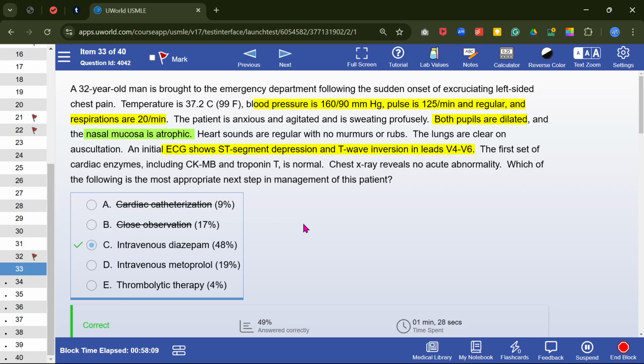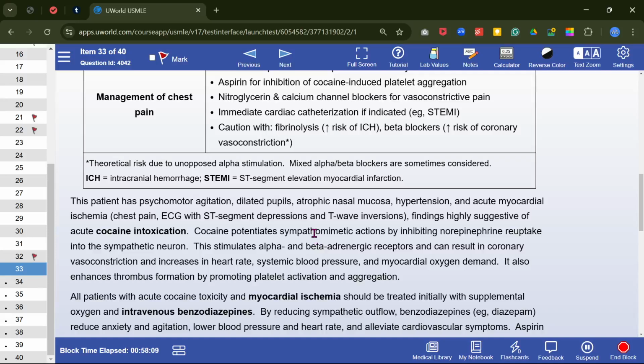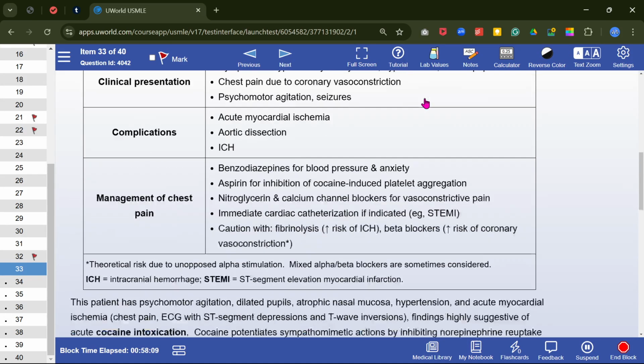Okay, it's IV diazepam. Because the nasal mucosa is atrophic, it's cocaine.